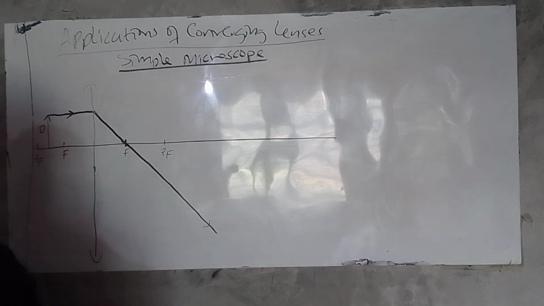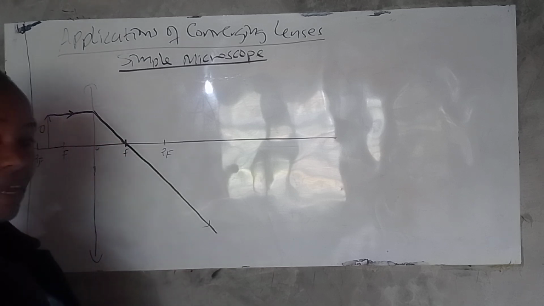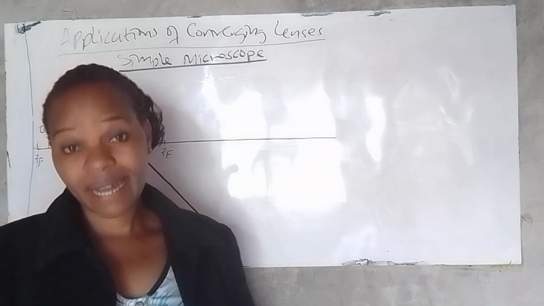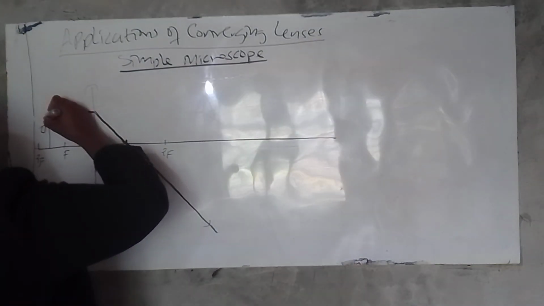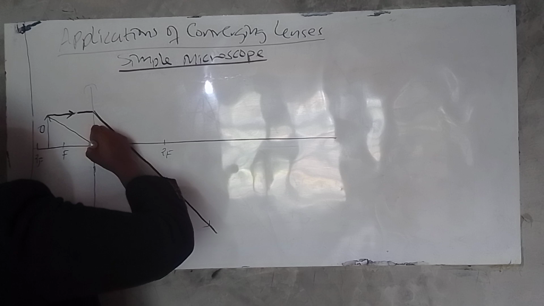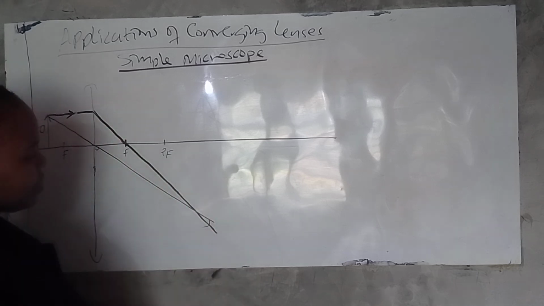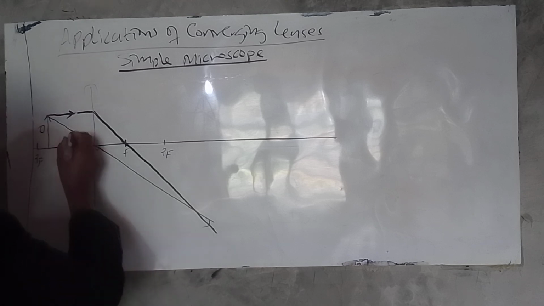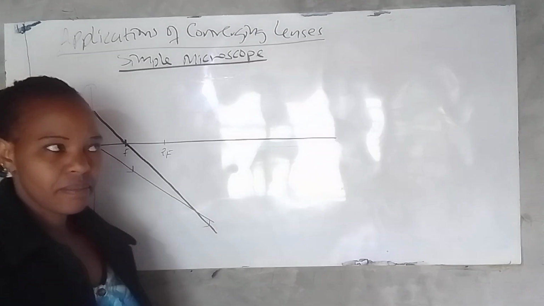Okay, the next ray is a ray that is coming from the object to pass through the optical center, and by now we know that ray passes undeviated. Okay, so that ray is here. Of course, we expect something like that, where the two refracted rays meet.